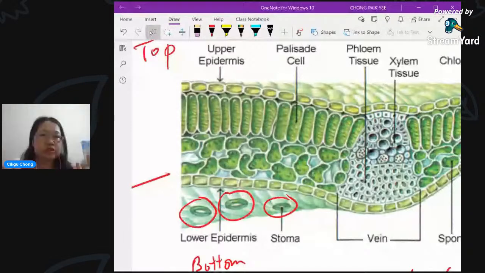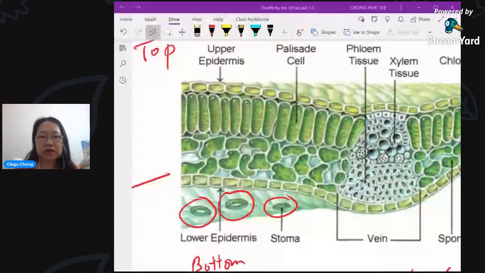Okay, so we click down here to reduce the rate of transpiration from the leaves. This is why we have more stomata on the lower epidermis.